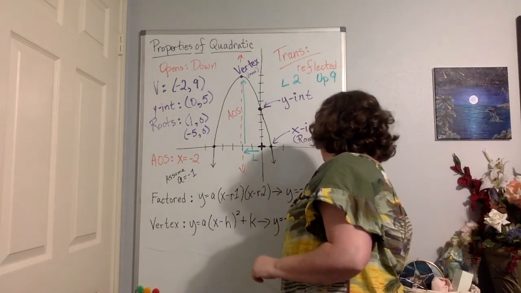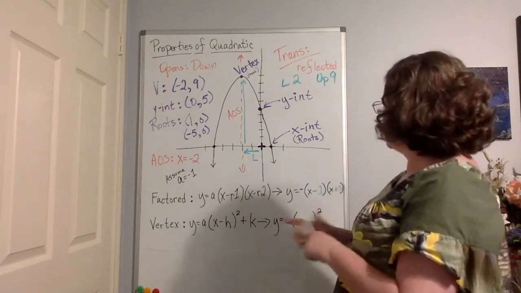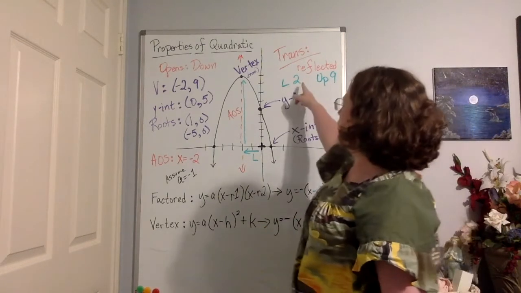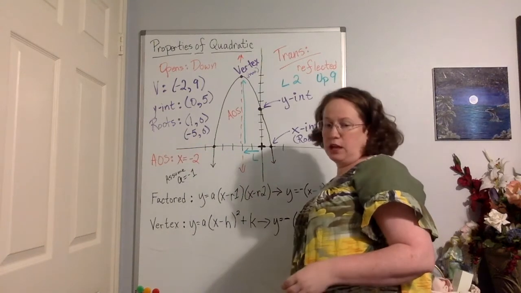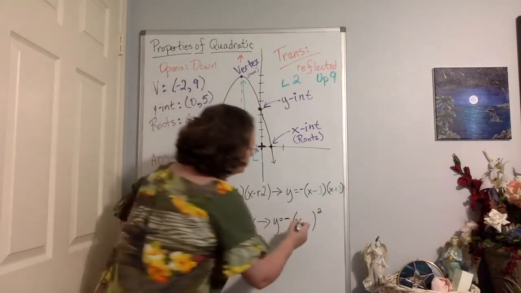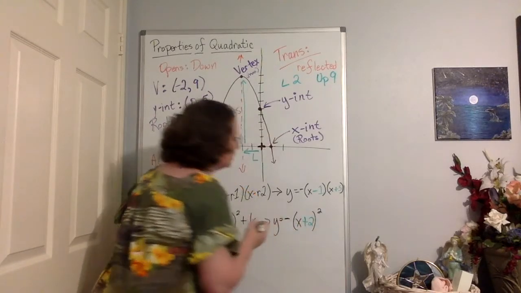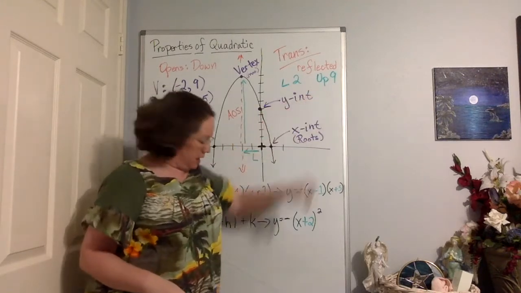Okay, and now I need my x with something squared. Okay, so what are we going to put inside the parentheses? So we moved left 2. So is to the left positive or negative? Very good. Left is positive. Remember, it's the spy on the inside that lies to you. So my left is positive. And then we're going up 9.